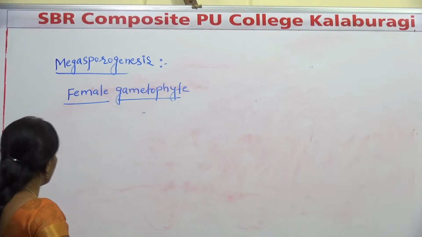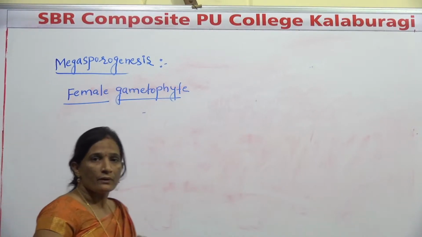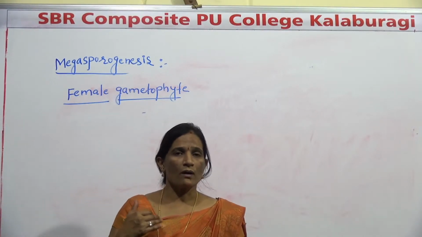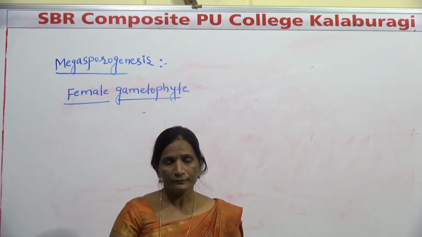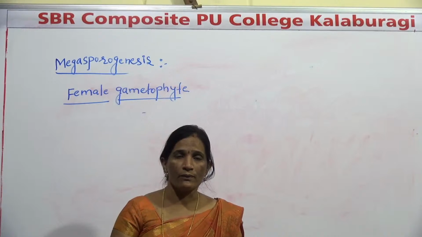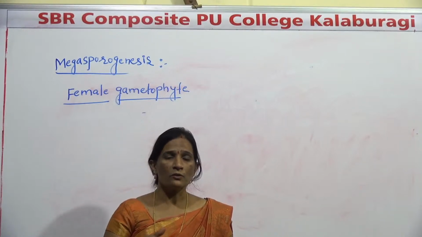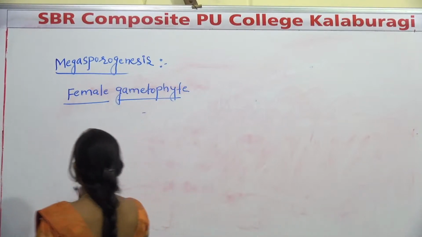So we go to the female gametophyte. In most of the flowering plants or angiospermic plants, the embryo sac is of the monosporic type.